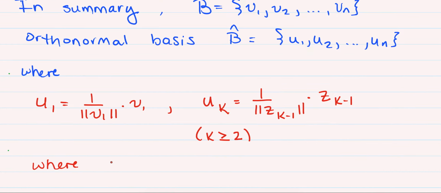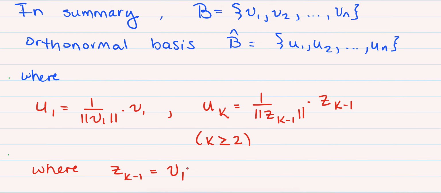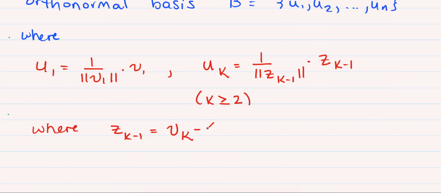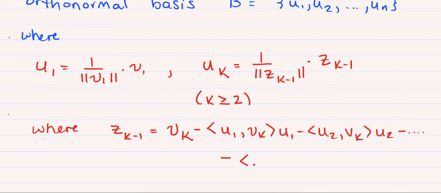where z_(k-1) is vk minus the inner product of u1 with vk times u1, minus the inner product of u2 with vk times u2, minus and so on, minus the inner product of u_(k-1) with vk times u_(k-1).